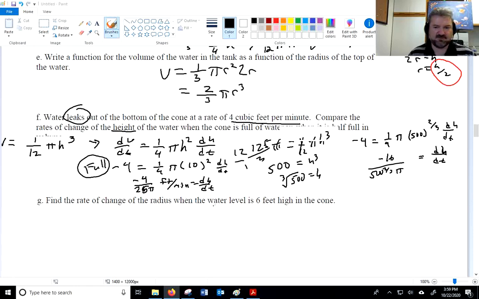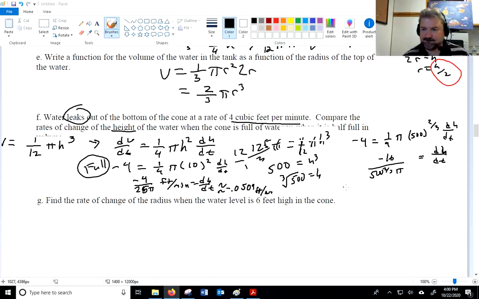That number is negative 0.0509 feet per minute. What about the other one? Well, our other equation was negative 16 over 500 to the 2/3 power times pi.